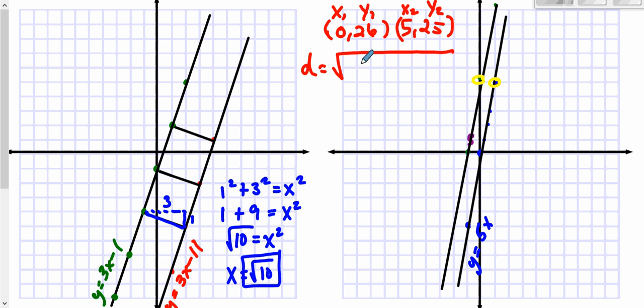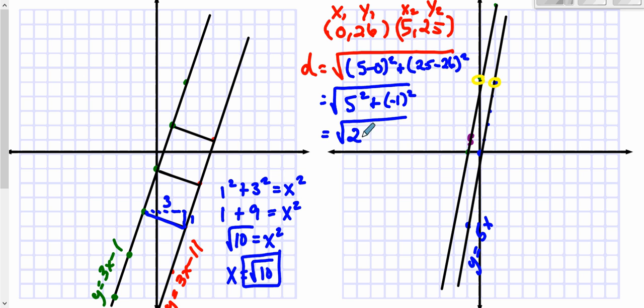Let's subtract the x's. So we'll have 5 minus 0 squared, and then 25 minus 26 squared. That's going to give me the square root of 5 squared plus negative 1 squared. Now 5 squared is 25, negative 1 squared is 1, so I end up with the square root of 26. So that's going to be my distance.